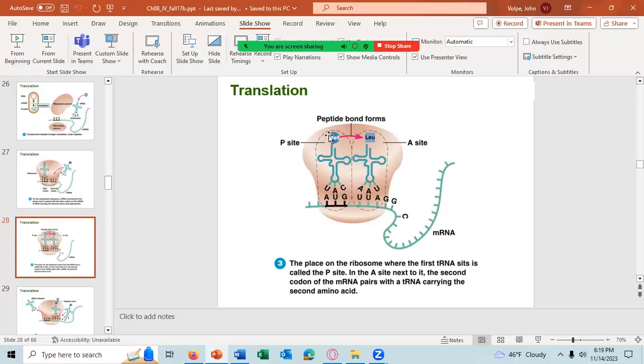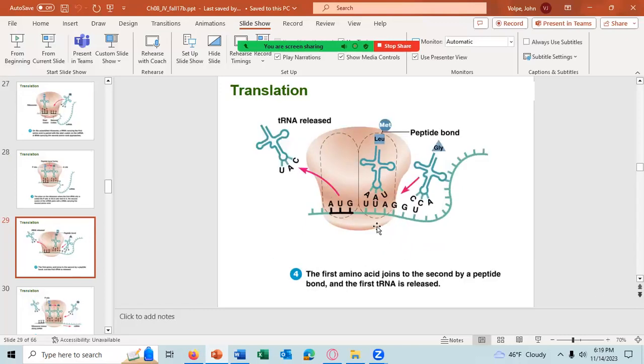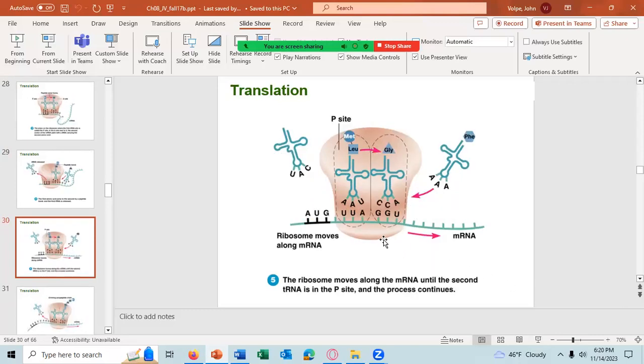Once that methionine is taken off of that tRNA, the tRNA can then fall off the ribosome and the messenger RNA and come out. And that will allow the ribosome to move down one codon. So this position will then move to that, and then this position will move to the third position, which is right here.